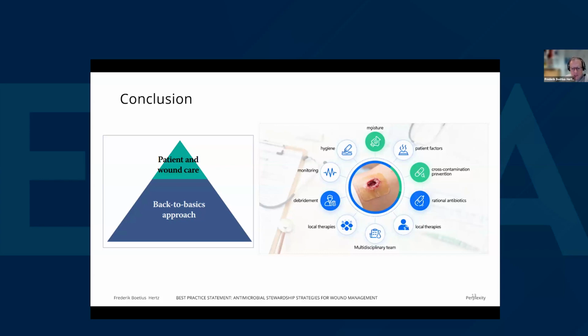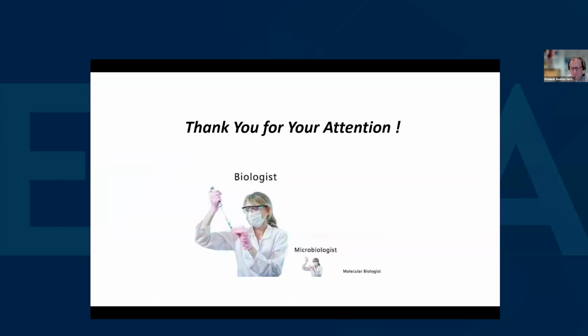We know it's more efficient because, as Thomas and Marvin have shown, treating bacteria in a chronic wound where the dormant state is present, where biofilm is present, is a challenge for all antibiotics. So antibiotics in wound care should be the last resort. I think those were the words for me.